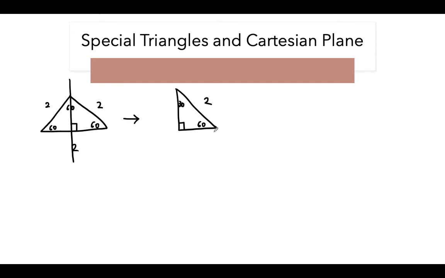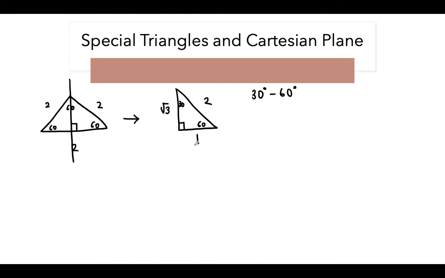And the bottom length, because I cut it in half, is now going to be 1. And when you do Pythagorean theorem with 2 and 1, this side is going to be square root 3. So the first special triangle involves 30 degrees, 60 degrees, and 90.